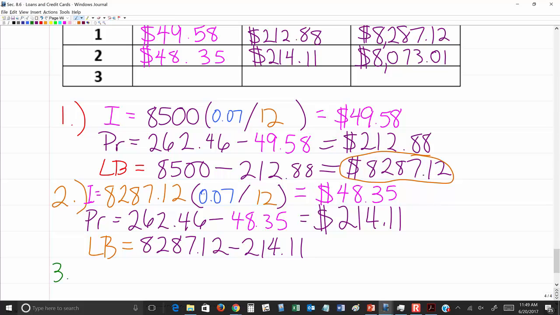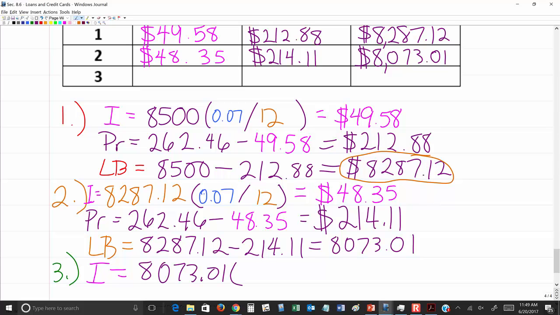So month number 3, for your third payment, the amount of interest that you have to pay equals your previous loan balance, which is $8,073.01, multiplied by R over N. So 0.07 over 12.